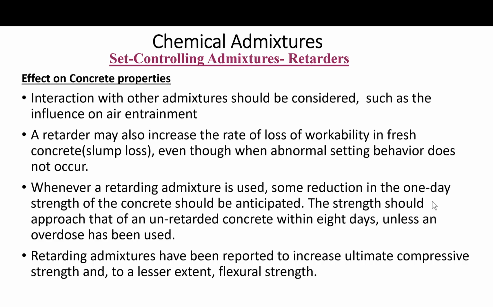Okay, a retarder may also increase the rate of loss of workability in fresh concrete, slump loss, even when abnormal setting behavior does not occur. So again, no one knows exactly what the admixture will do. When this happens, the time during which the concrete can be handled and placed will be decreased, even though the setting time has been extended. So you have to be careful.